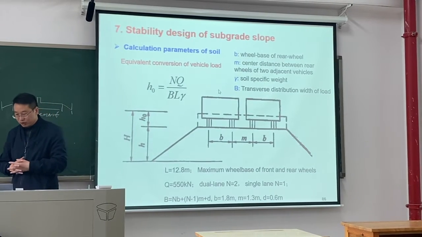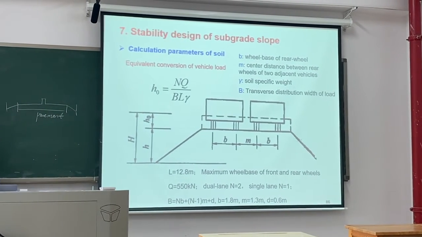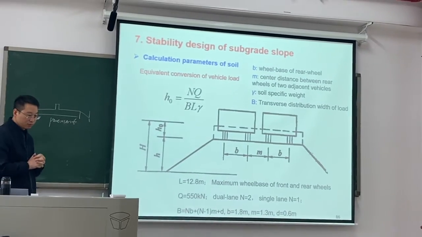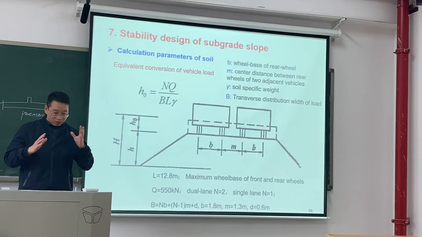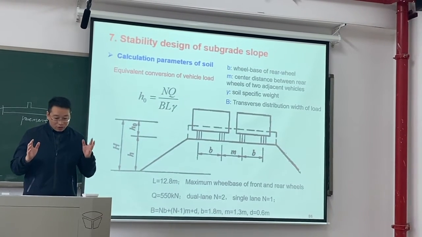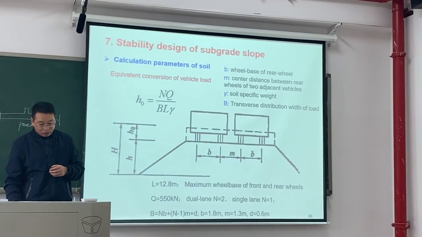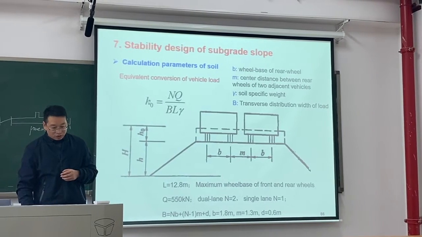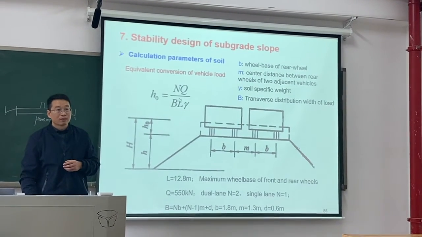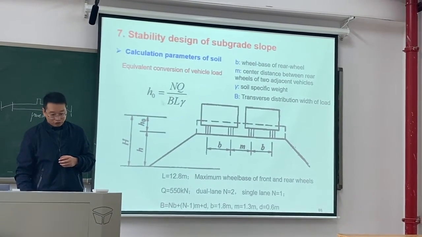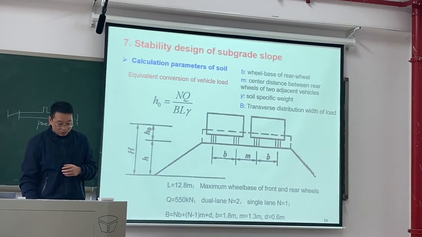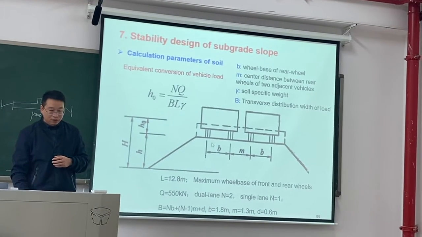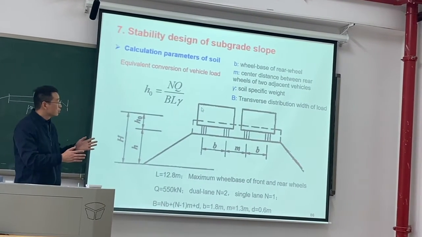But for subgrade, we should consider the vehicle load. So we should do the equivalent conversion of vehicle load using these formulas. From this formula, we can see this picture. We have two vehicles.